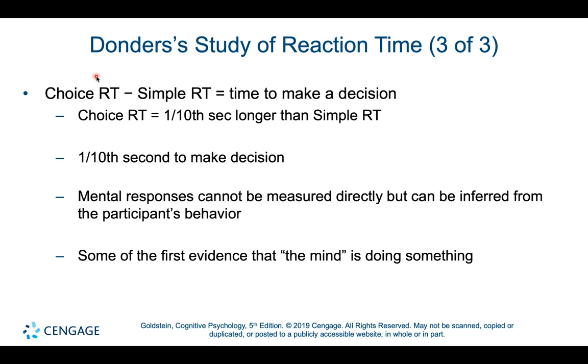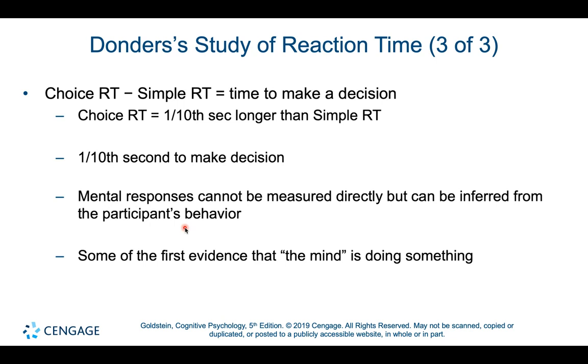So what Donders found is that consistently the choice reaction time took 1/10 of a second longer than the simple reaction time. That comes out to 100 milliseconds. So we're, again, inferring mental responses or decision making from a participant's behavior.